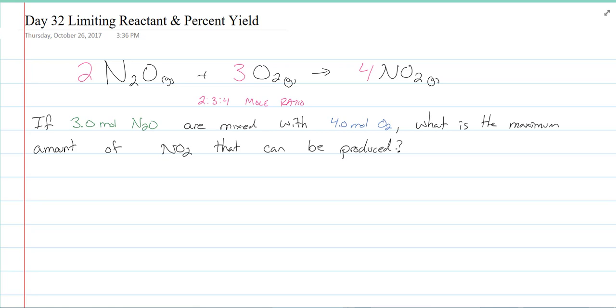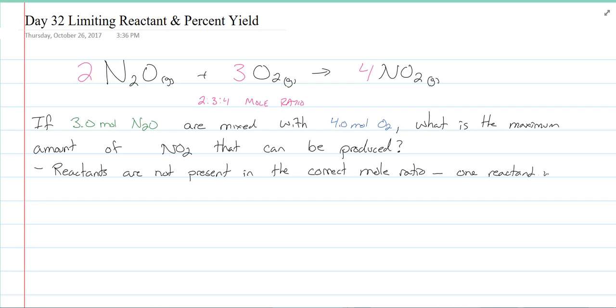So right away we notice that 3 to 4 is a different ratio than 2 to 3. And so the reactants are not present in the correct mole ratio. One reactant will be either consumed or used up.